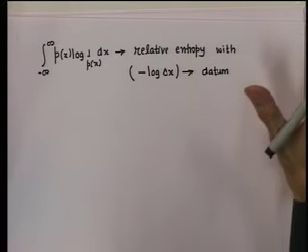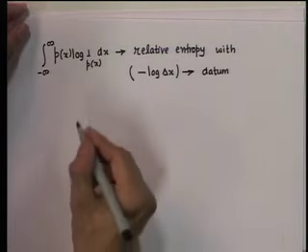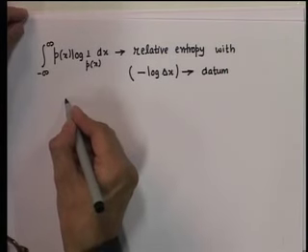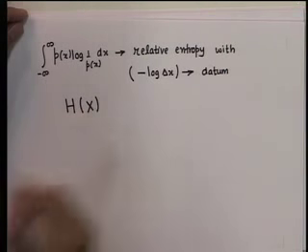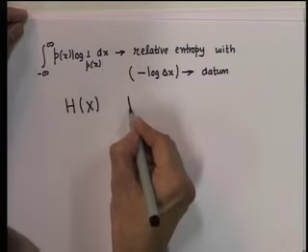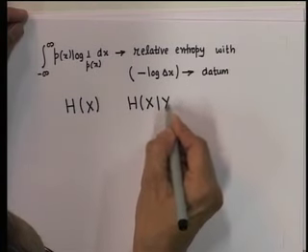Now, the information transmitted over a channel is actually the difference between the two terms: entropy of x and entropy of x given y.